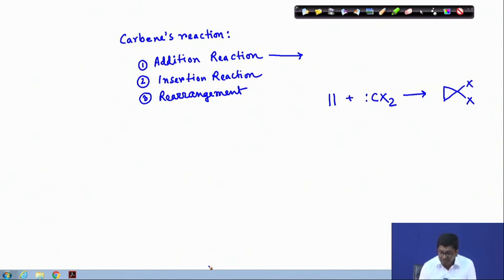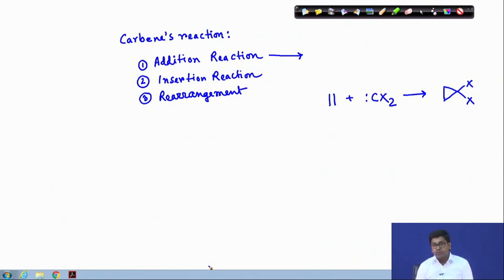Then we understood how a singlet carbene can react with the olefin. If the carbene is singlet, it reacts in a concerted way, and if the carbene is triplet, it reacts in a stepwise manner.